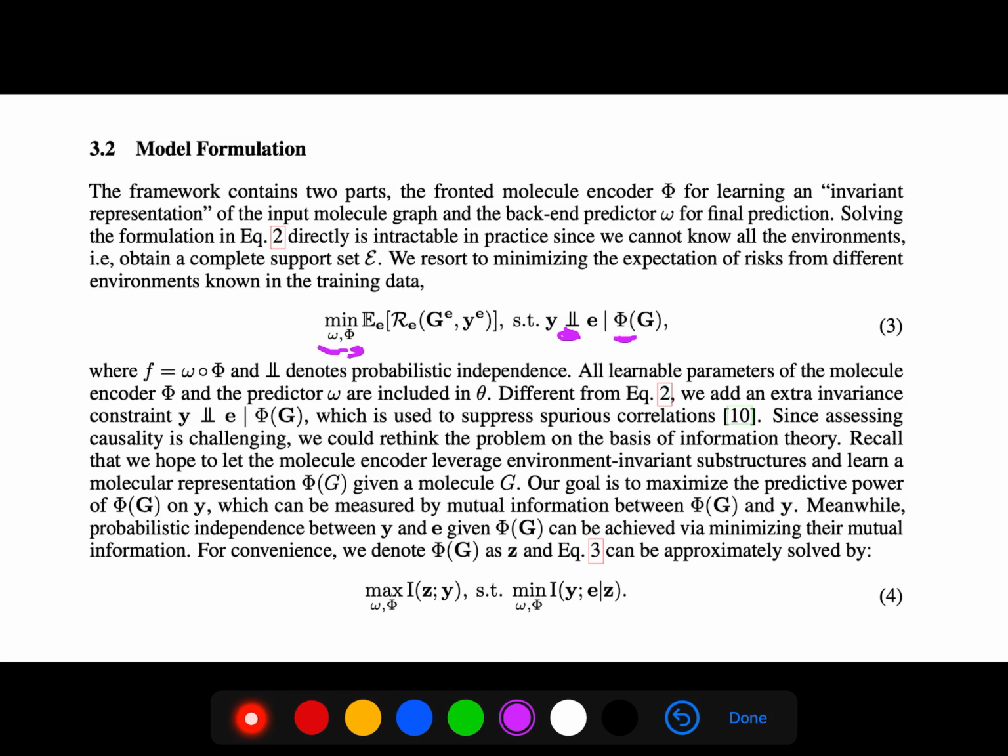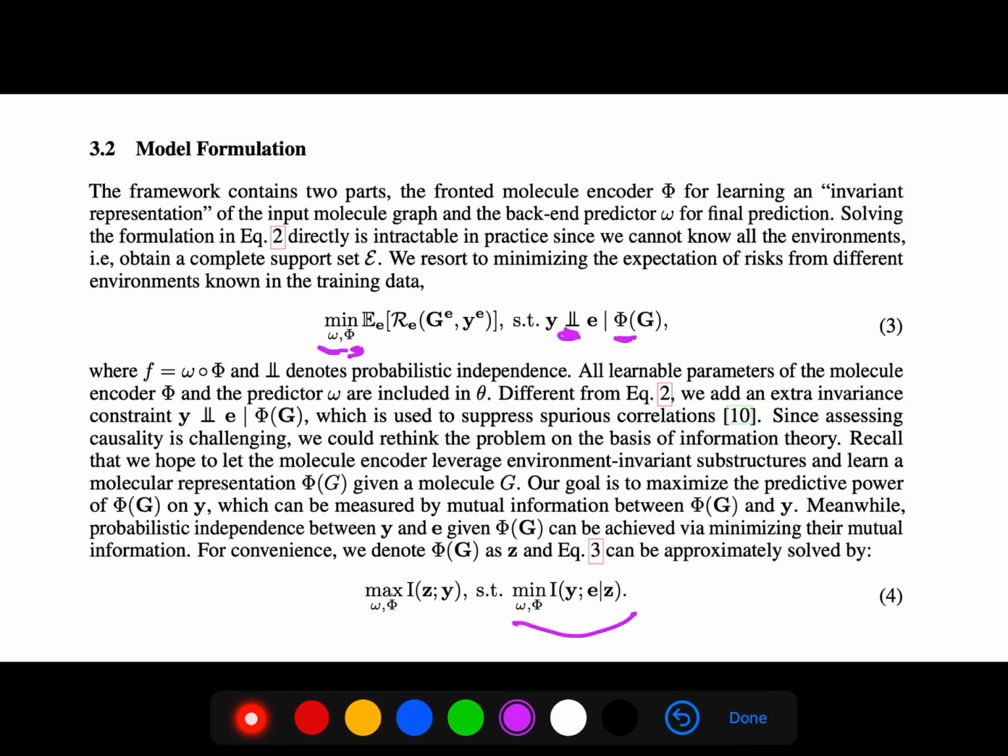All learnable parameters of the molecule encoder and the predictor are included in theta. So the probabilistic independence between Y and the environments, given your phi, can be achieved via minimizing their mutual information.